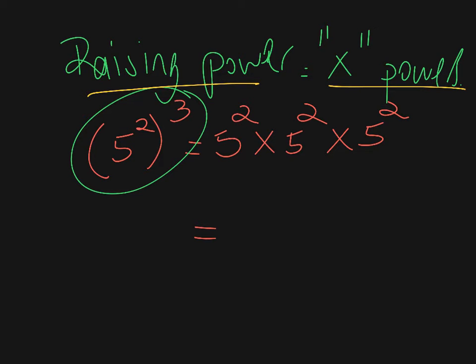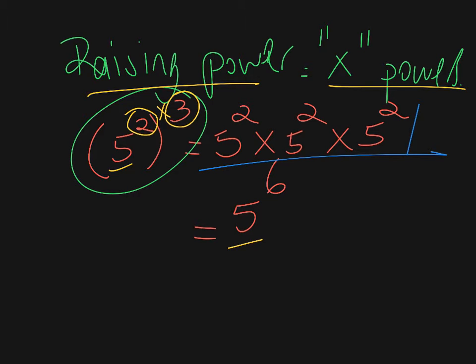So what it's saying is this 2 here multiplied by this 3 here. Now that's only because it is in brackets. So then we would know that the answer is 5, because it's our base, to the power of 2 times 3, which is 6. If we look up the top here, we also know that this would also equal 5 to the power of 6, because it's 2 plus 2 plus 2.